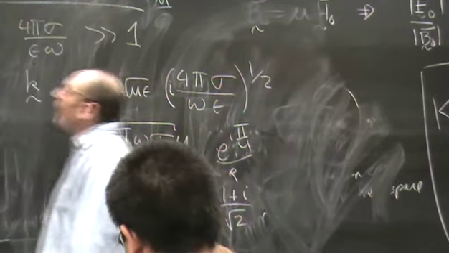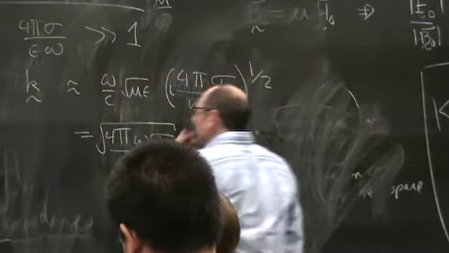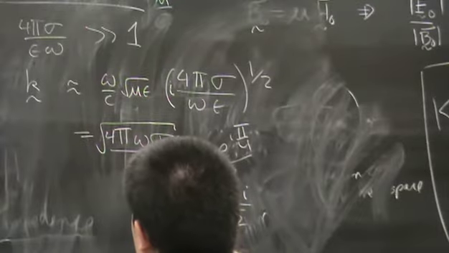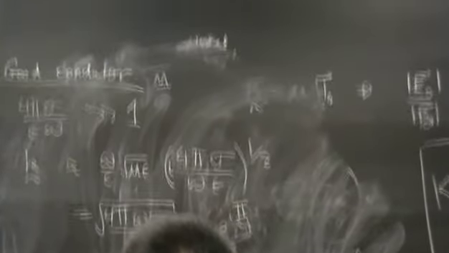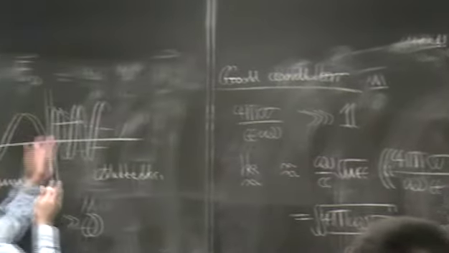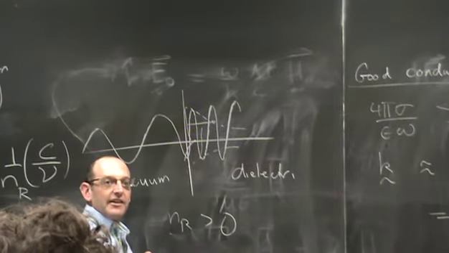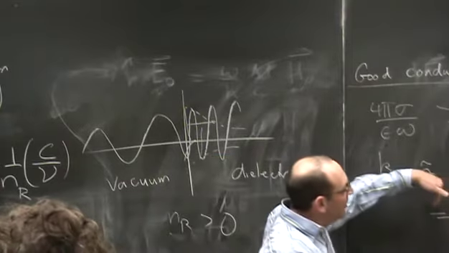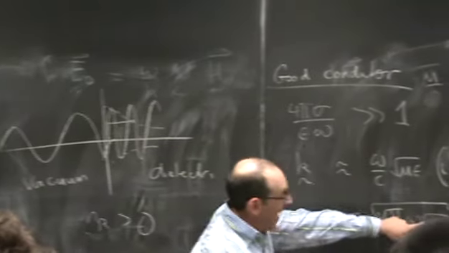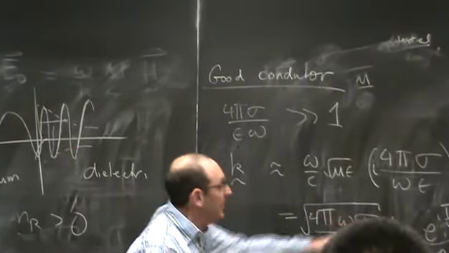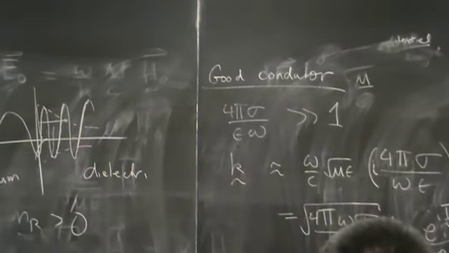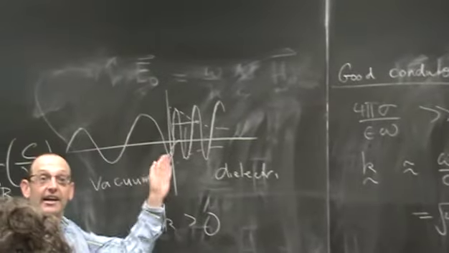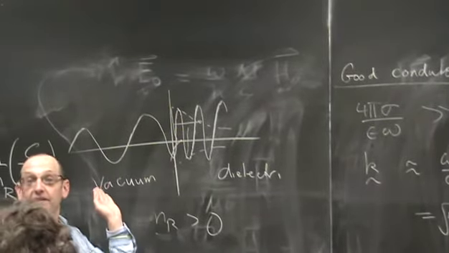And the propagation distance is tiny then compared to the free space wavelength. So I will get almost no propagation into the conductor. In fact, that decay gets very rapid as sigma gets very big. And for a perfect conductor, I have zero propagation into the conductor. I have perfect reflection.